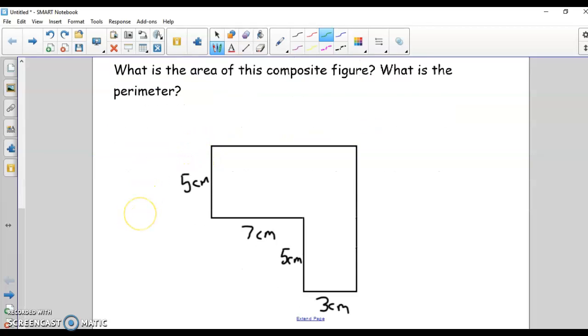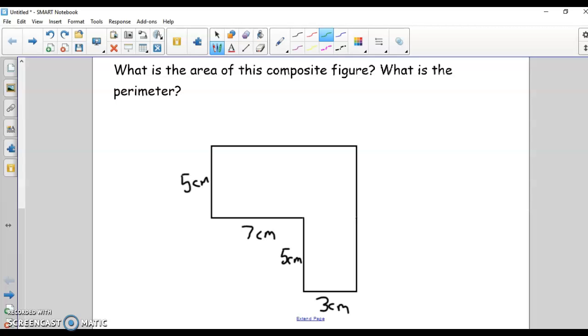All right. So here we have a composite figure. Composite figure means they are putting two rectangles together in order to make a shape.